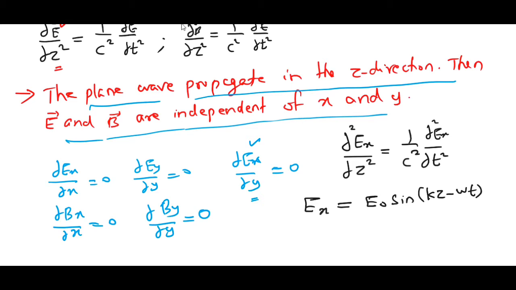Since the field is along the x direction, this should be x cap. This is the solution of this wave equation. The electric field component along the x direction propagates along the z direction, positive z in this picture.